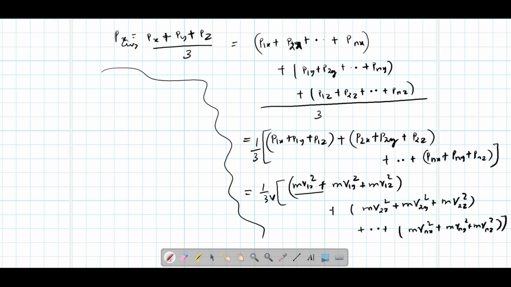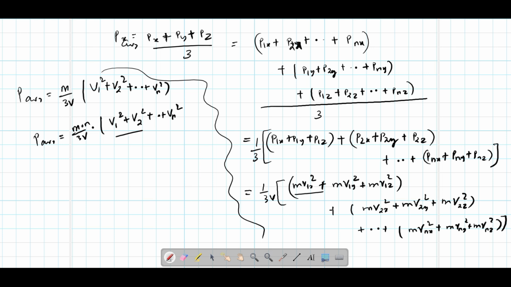m by 3V, times v1x square, v1y square, v1z square, this is v1 square, plus v2 square plus vn square. So this is m by 3V, m into n, times v1 square, v2 square up to vn square divided by n.